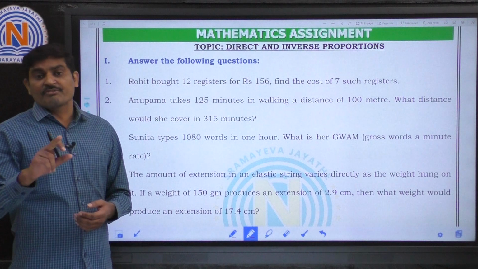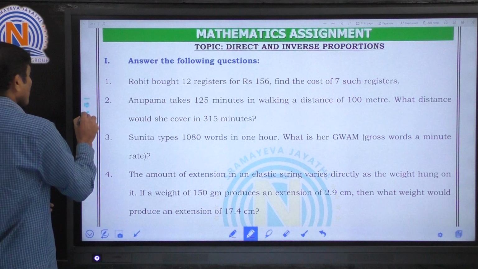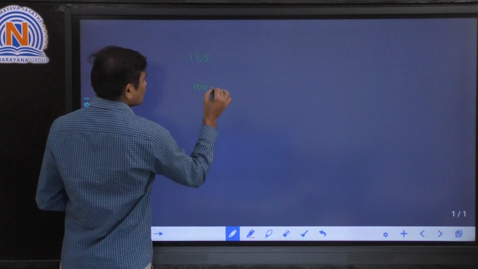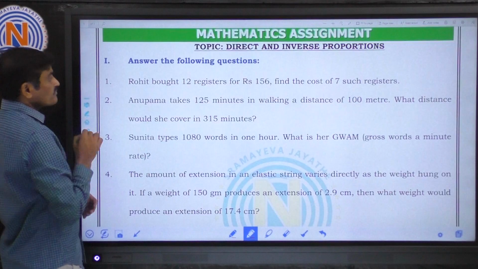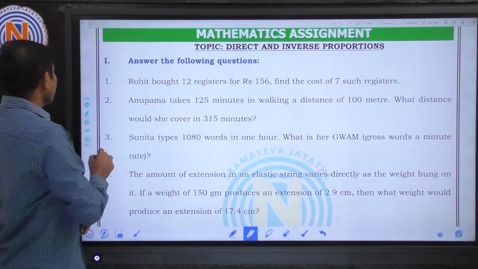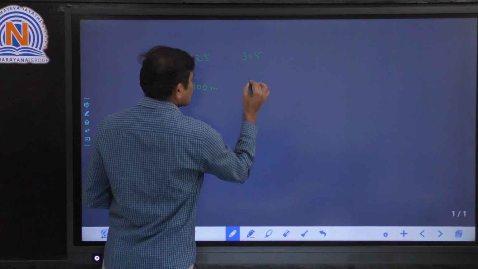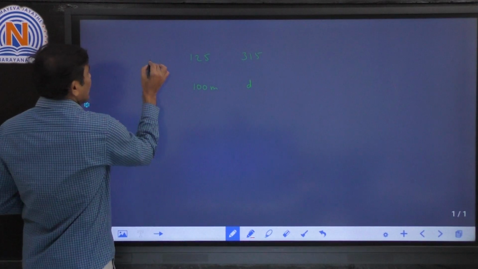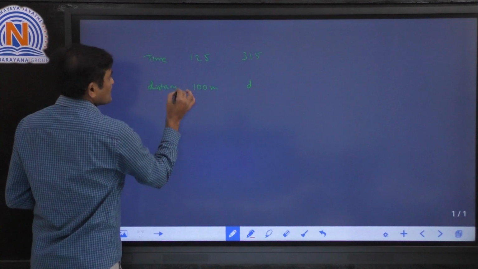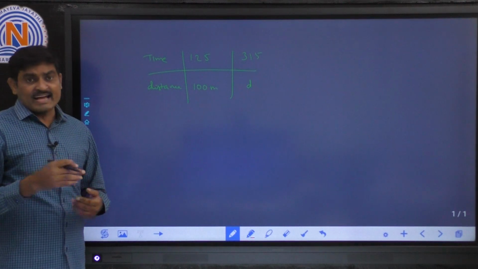Here 125 minutes corresponds to 100 meters. Then 315 minutes, how much distance is covered? Observe that time and distance are in direct variation.